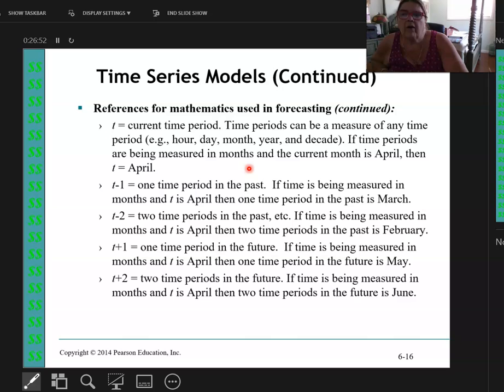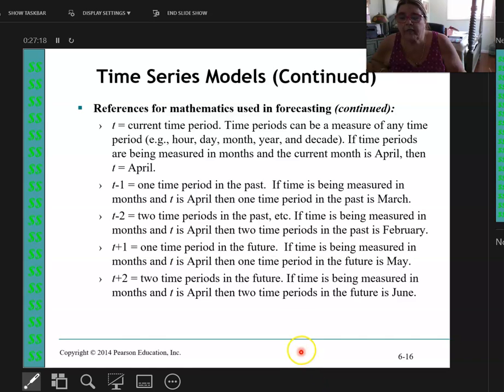If I'm talking about October, which is right now, and I say T minus 1, then I'm talking about September. T minus 2 is 2 months back. But T plus 1 is 1 month in the future, and T plus 2 is 2 months in the future. These are the acronyms that you're going to need for this type of stuff.